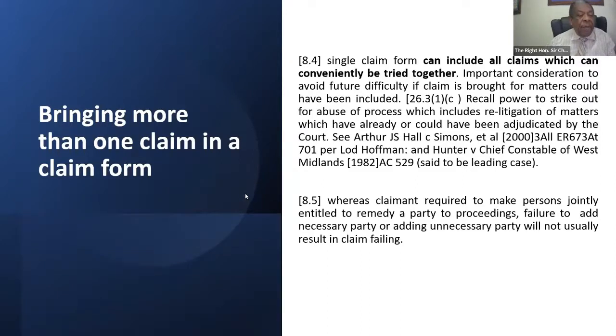A lot of these principles link to the overriding objective of being just and proportionate. And you'll see that a lot of the rules addressing how proceedings are commenced observe and implement those principles. Next slide, please.